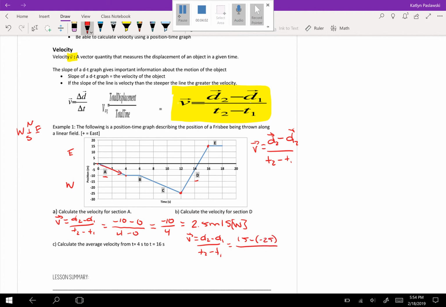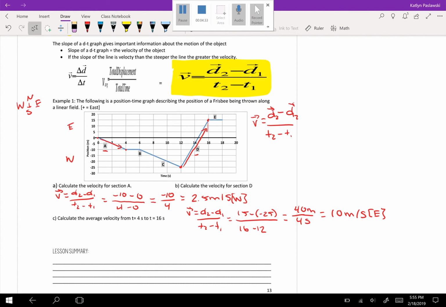Over time, that's at 16 seconds minus 12 seconds, to give us 40 over 4, so 40 meters divided by 4 seconds gives us 10 meters per second. And now let's look, what direction are we traveling? We're going upwards, so that would be positive, we are traveling east.